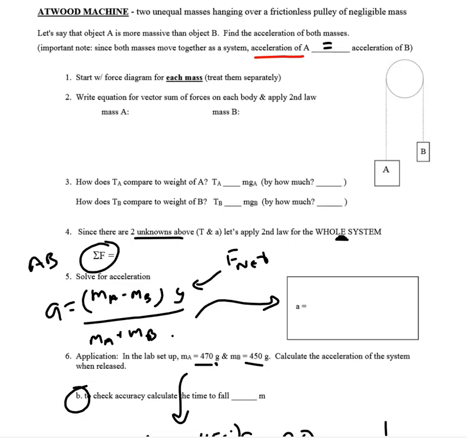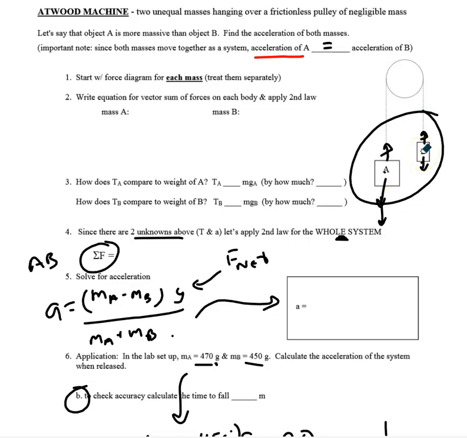What we essentially have is, like I said, a tug of war between the weight of that and the weight of that. Those are not the only forces. There are tensions here. Those tensions will cancel out if we treat the system as both the blocks. They will not cancel out if we treat the system as just one block or the other.